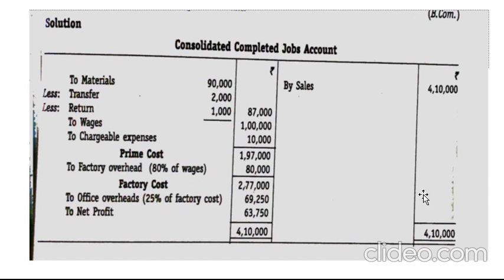So the total sales 4,10,000, out of which your prime cost, factory cost and office overheads are deducted, you will be getting your profit 63,750 for this consolidated completed jobs account. So now let us get into your next account to be prepared.